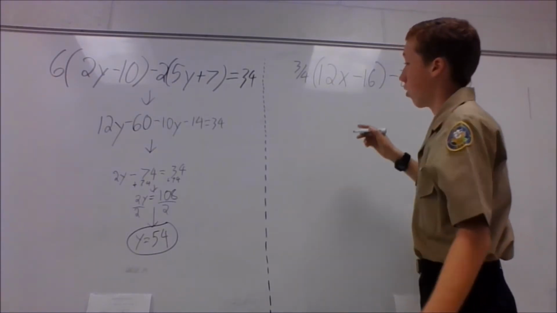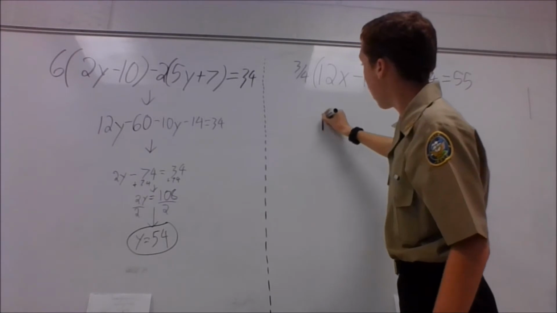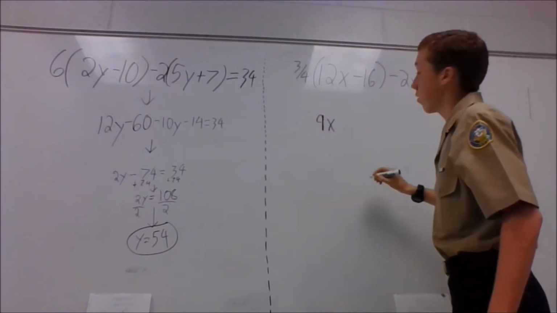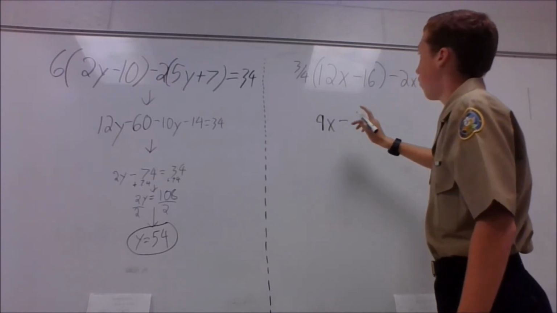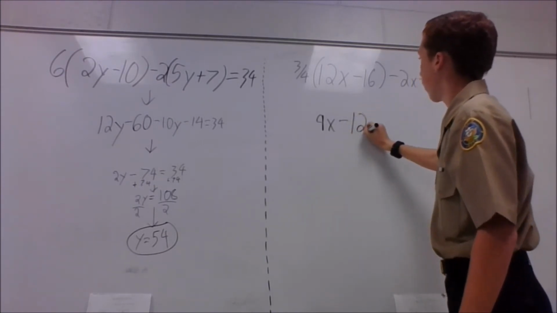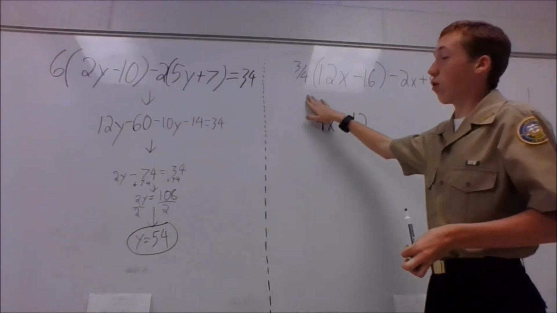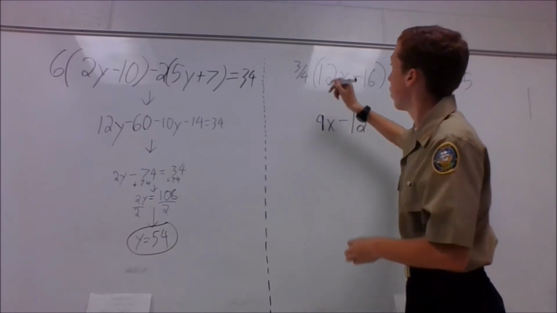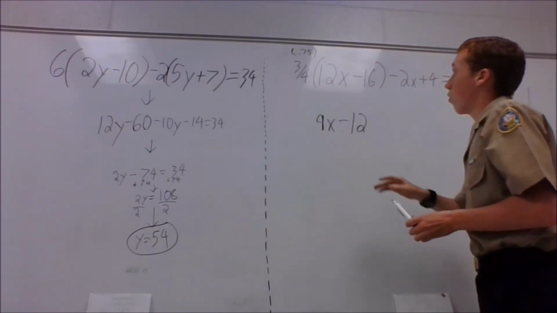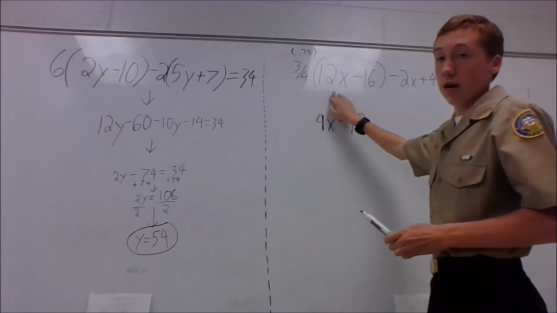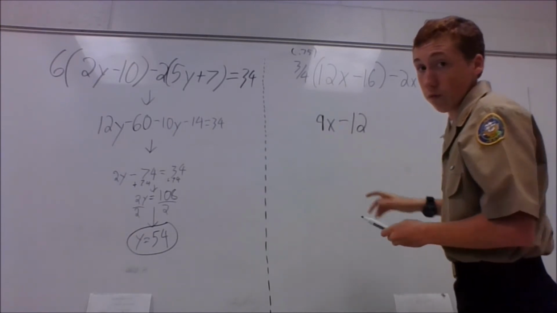So that will end up being 9x, and then we have 3/4 times negative 16, which is going to be negative 12. So again, if you want to do it in fraction, 3/4, if you want to do it in decimal, it will be 0.75. So 75% of 12 is 9, 75% of negative 16 is negative 12.